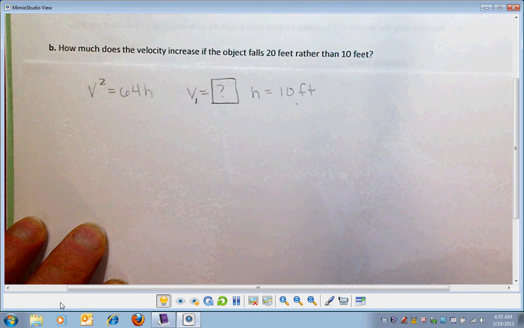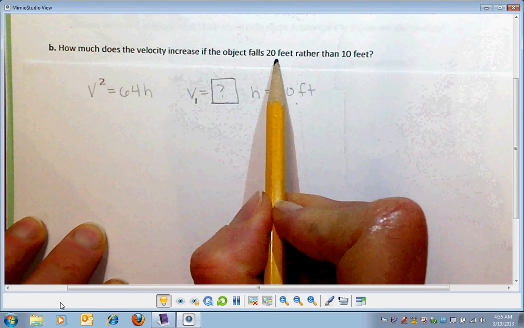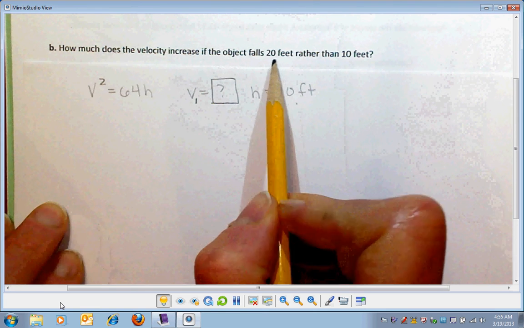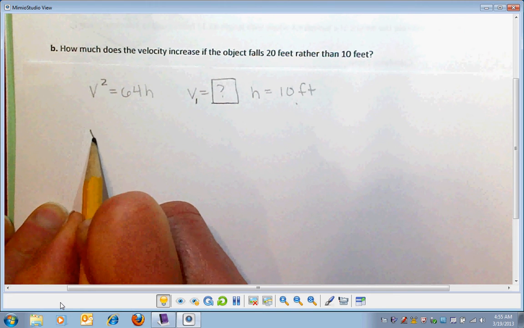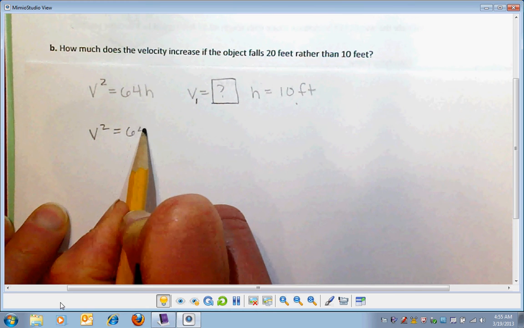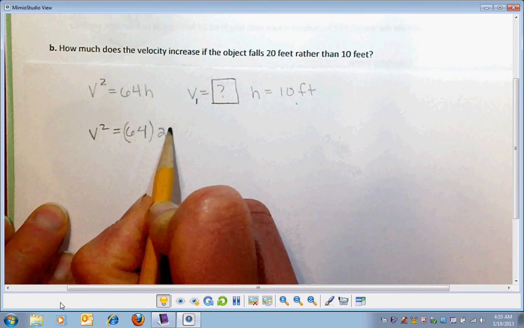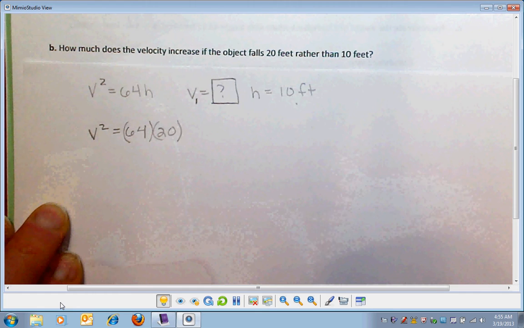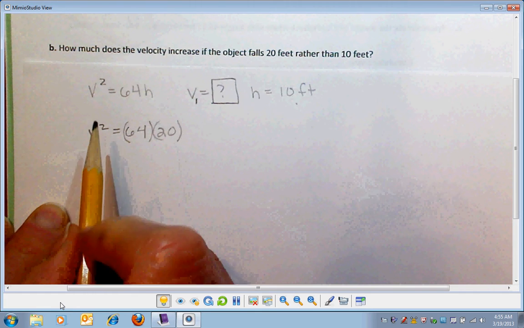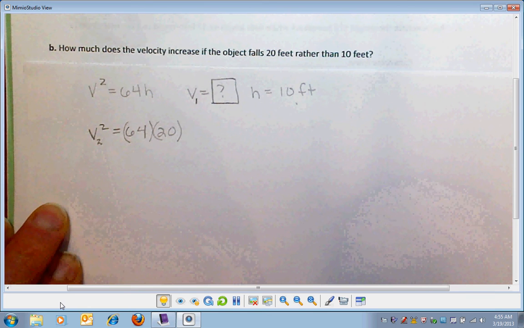Now we need to do the same thing, except let's figure out what it is for 20 feet. So that means I have v squared is equal to 64 times 20 rather than 10. So I'm going to figure out what my second velocity is. I'm going to let you do that.